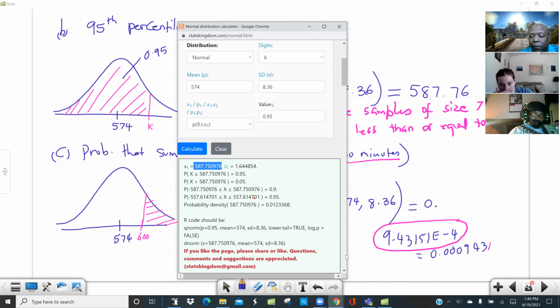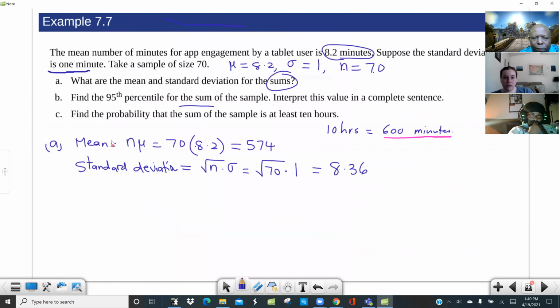Now, when he talks about the probability, find the probability that the sum of the sample is at least 10 hours. Guess what? This information is in minutes. So when he talks about hours, it is only important that we change the hours into minutes. So this is asking for the sum of at least 600 minutes.